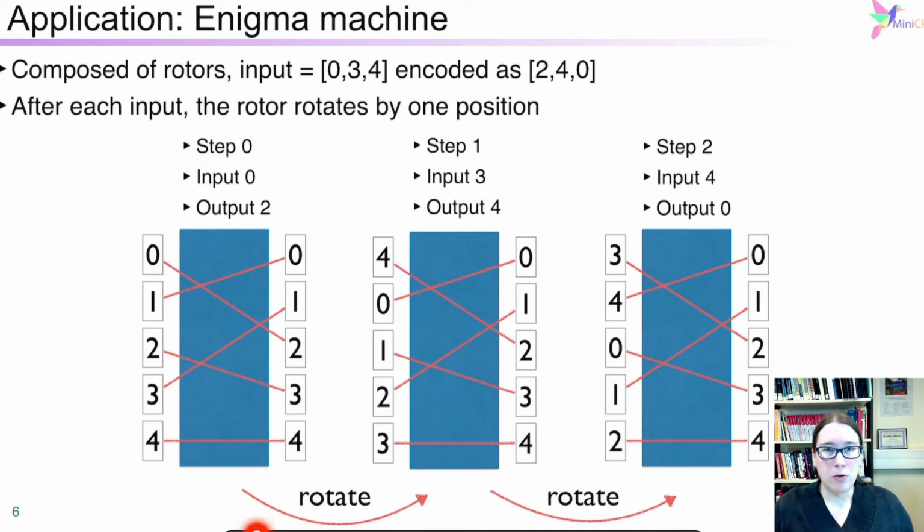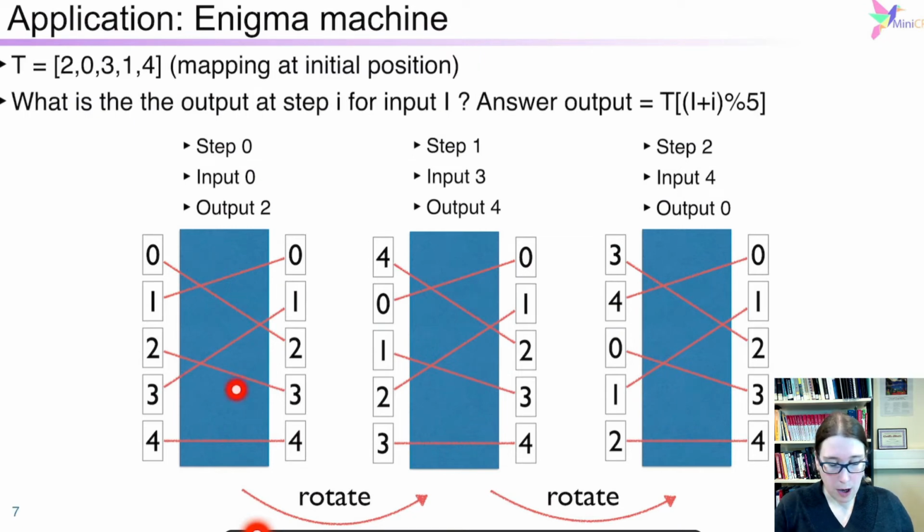So how are we going to model this? The wires correspond to a mapping between an input position and an output position. What we need to know is the input position of our letter. The input position of the letter is the letter at the initial position plus a shift, modulo the number of inputs that you can have.